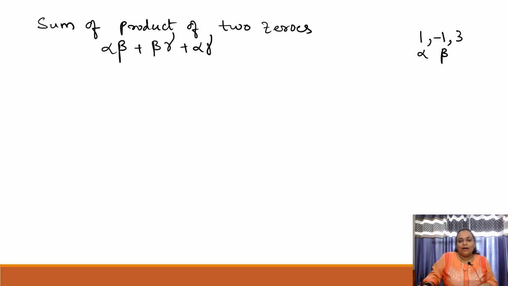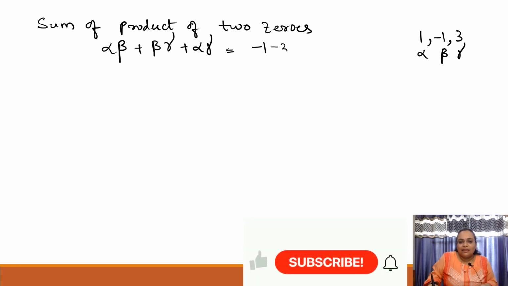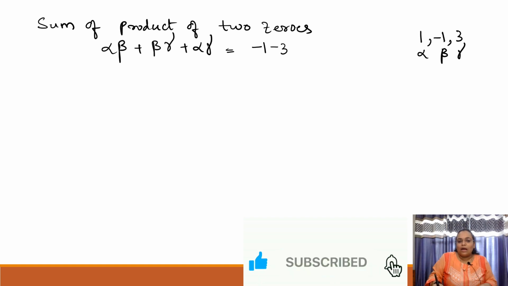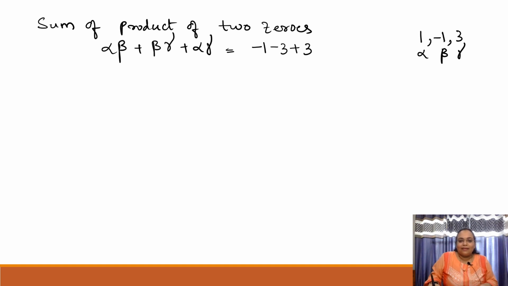Alpha into beta is minus 1, plus beta into gamma is minus 3, plus alpha into gamma is 3. Right? This will be minus 1.